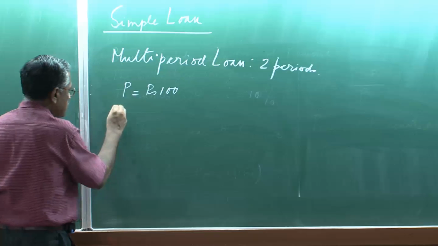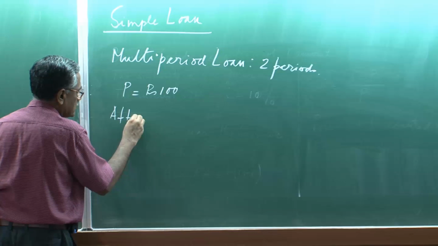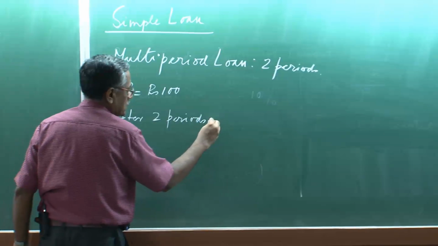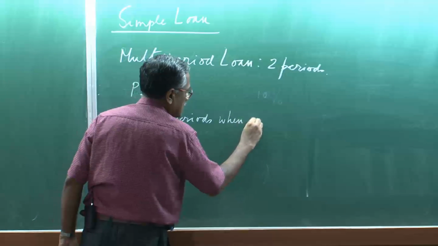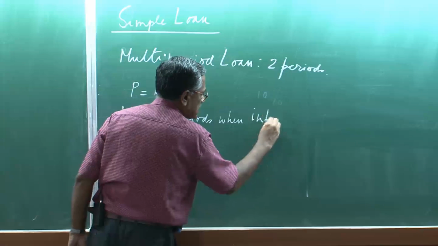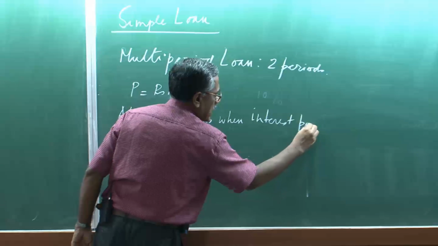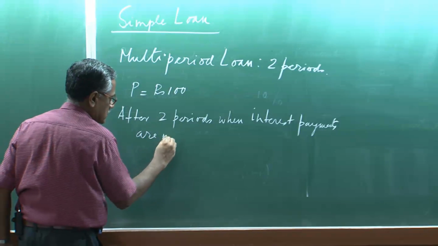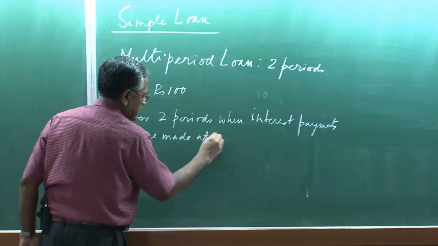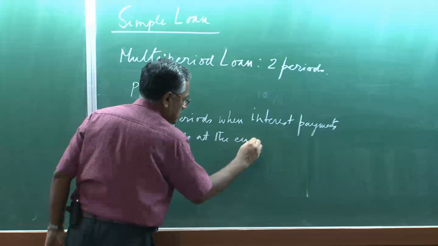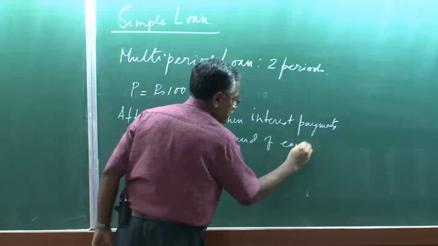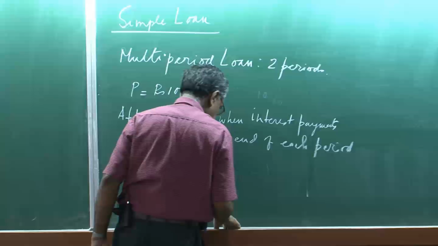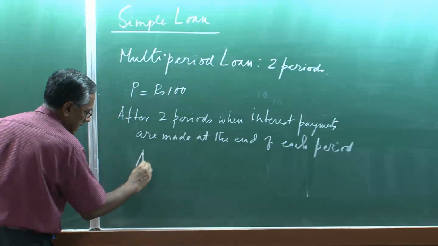So, after 2 periods, when interest payments are made at the end of each period, what will be the amount A?